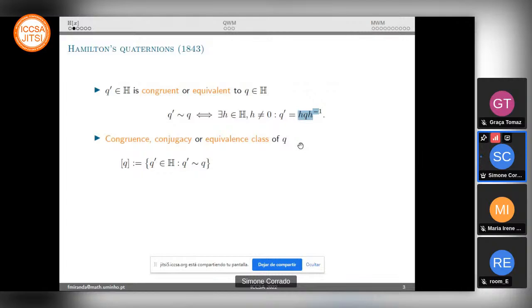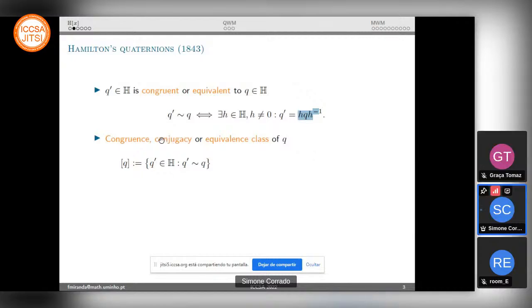This equivalence relation induces a partition of H, and each class, which we call a conjugacy class, is formed by all the elements that are in the equivalence relation with q.